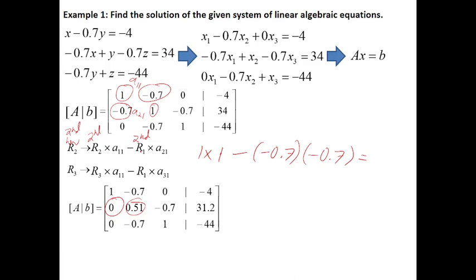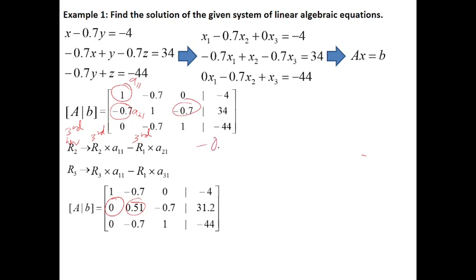Gets nyo? Tingnan natin ang third, no? Third. Okay. At R2, third. Ito yan, negative 0.7. A11, 1. R1, third element. Ito yan, 0. A21, negative 0.7. Sagot, negative 0.7. Nakuha siya.